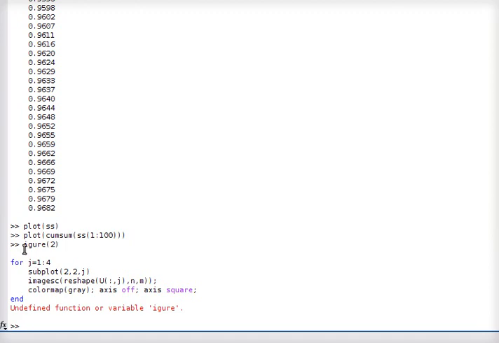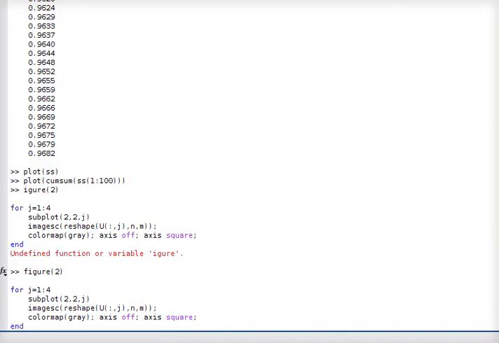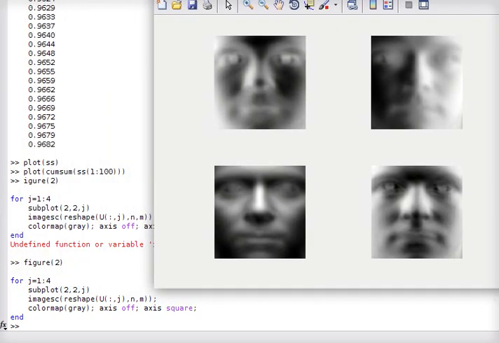I didn't get my F there. Let me try that one more time. Copy, paste. There we go. Okay, here are our eigenfaces.